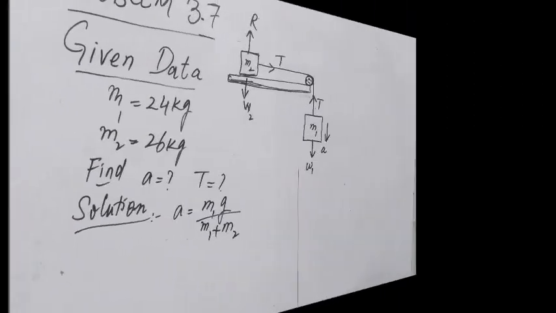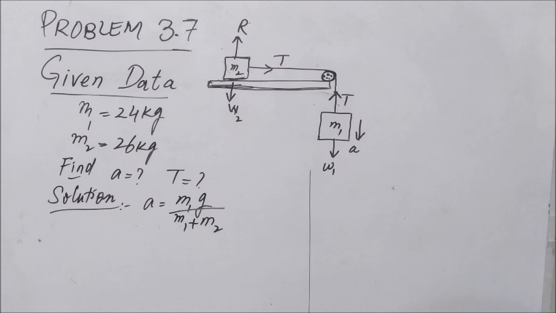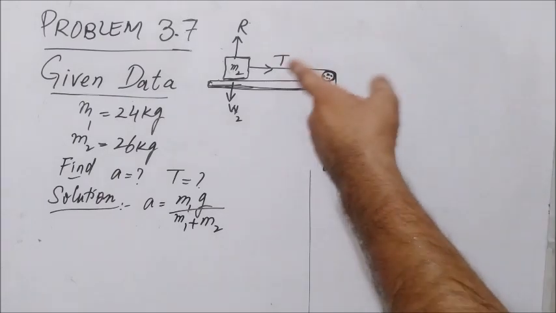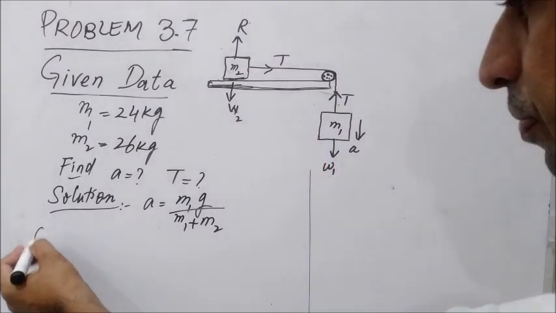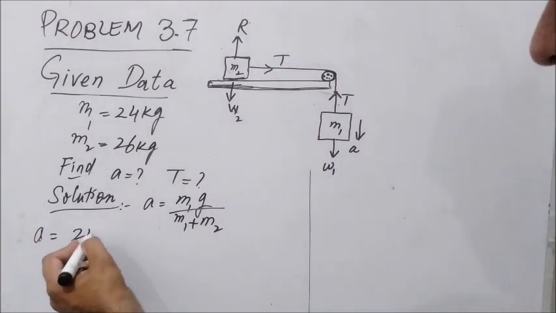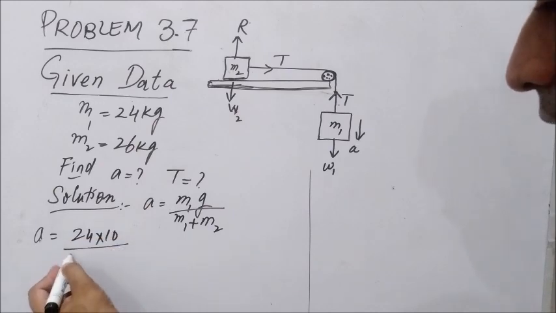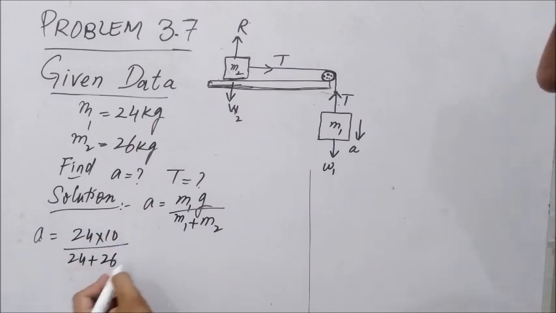In problem 3.7, again there are two objects, but now in this case one object is on the horizontal surface while the other is vertically hanging. So m1 is 24, m2 is 26, and we are going to find acceleration and tension. The formula to find the acceleration, for this case only, is m1 g divided by (m1 plus m2). So it will be 24 multiplied by 10 over 24 plus 26.